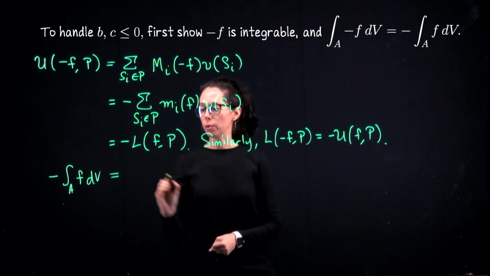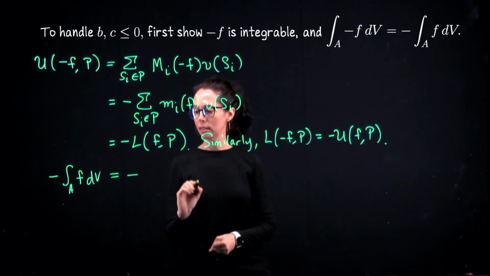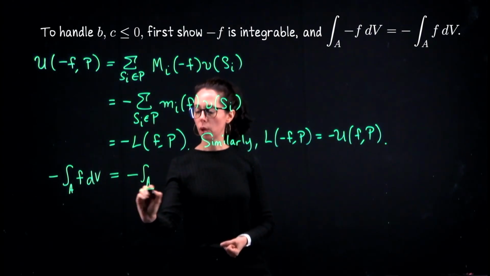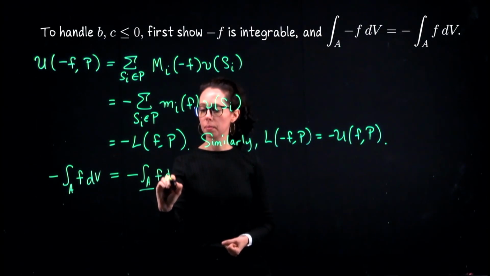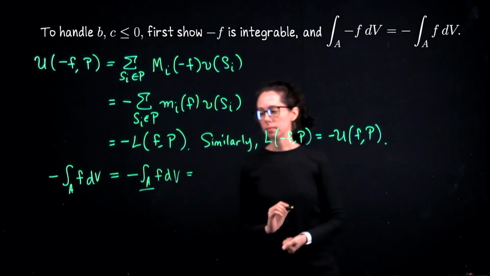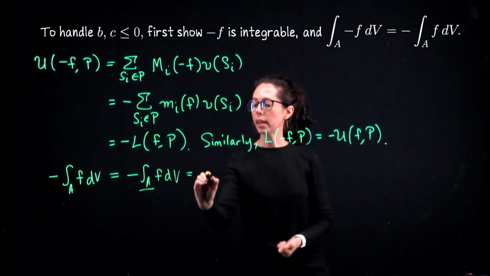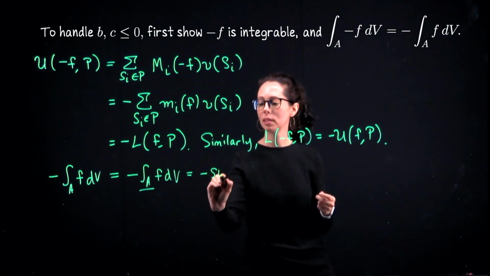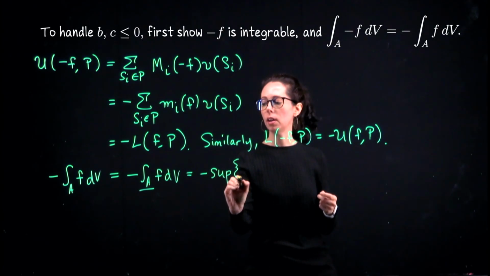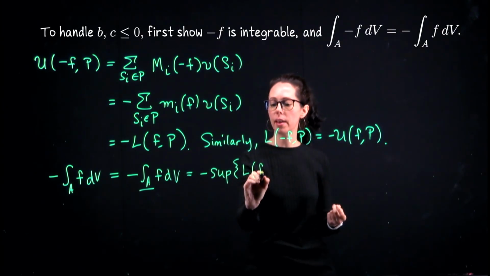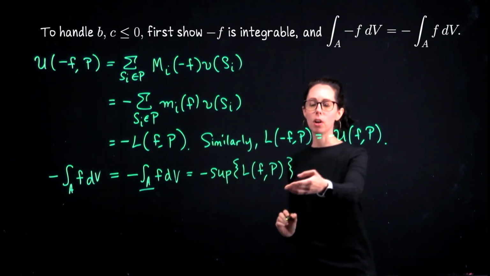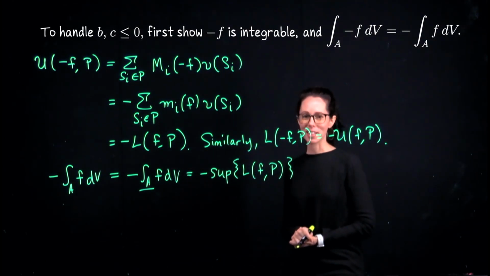This is equal to -1 times, I'm going to do full detail here, how about the lower integral of f? Okay, but what is that? That is -1 times the lower integral. It's the supremum of all lower sums of f with respect to every partition. I'm going to omit the phrasing for all partitions P of S enclosing A.